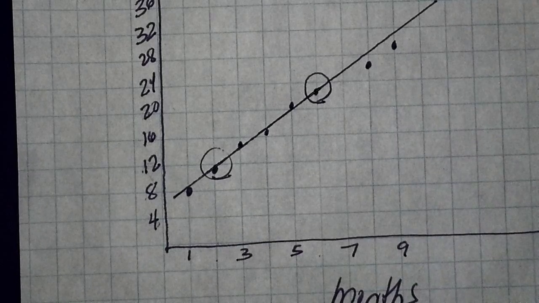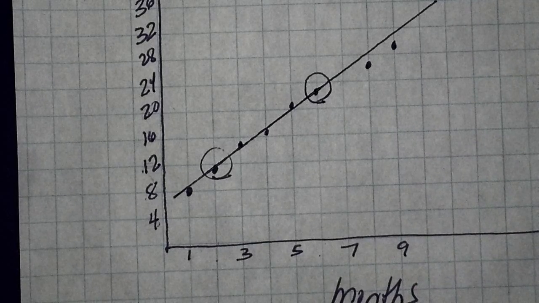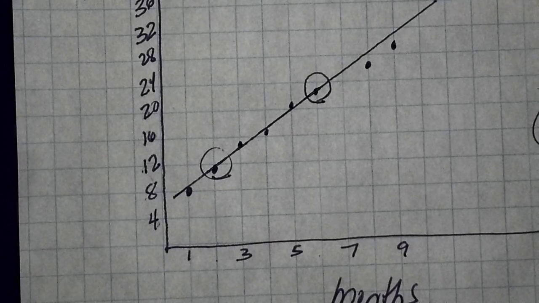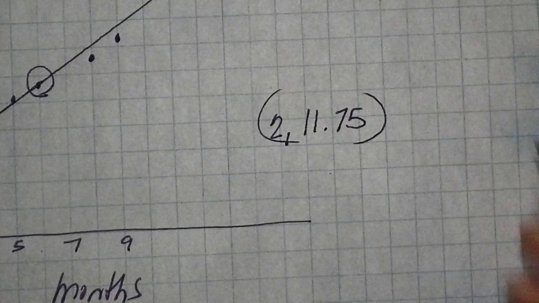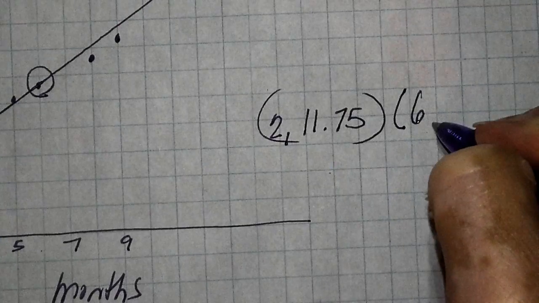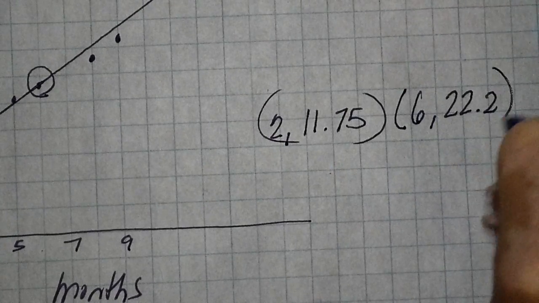So we know that the points we chose are 2 and 11.75, and 6 and 22 and 2/10.